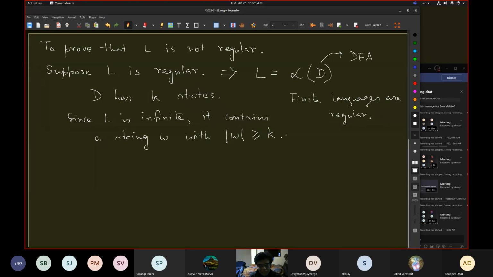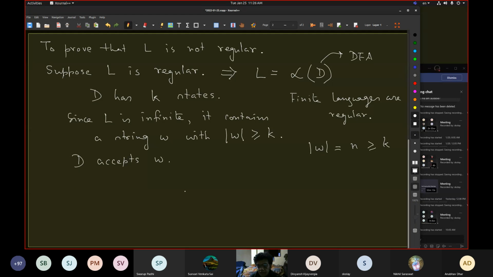Now you see that D accepts the string W, because it is in this language L. So let us say the length of W may not be exactly K. Let's say this is N, which is greater than or equal to K. It is possible that L does not contain a string of length exactly equal to K, but some N greater than or equal to K. So now let us see how this DFA behaves when it reads this W symbol by symbol.